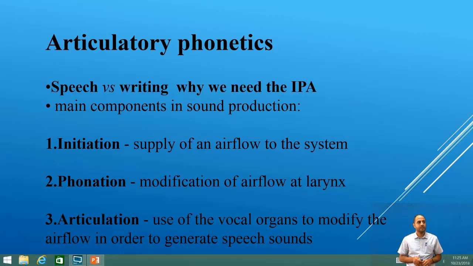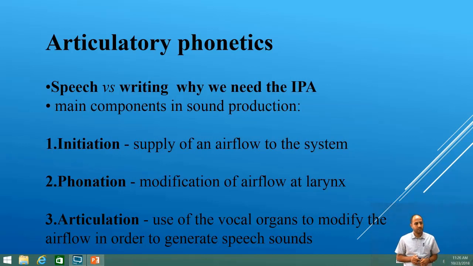The second component is referred to as phonation, which is where and how the airflow is modified at one of the basic organs of speech, which is the larynx, where we can see something called the vocal folds.